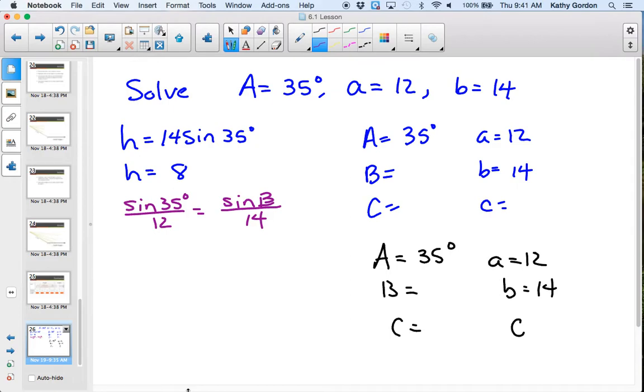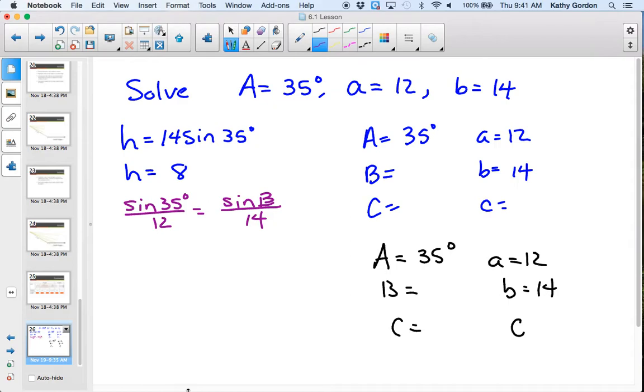So now when I go to solve this, notice that I'm going to end up taking 14 times the sine of 35 and divide it by 12. What's that equal to?